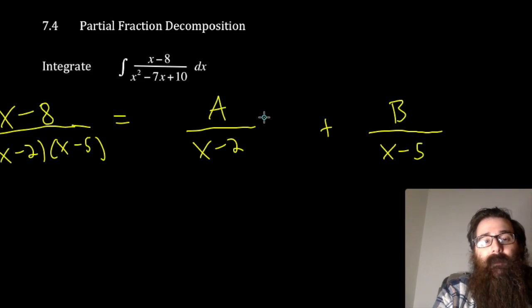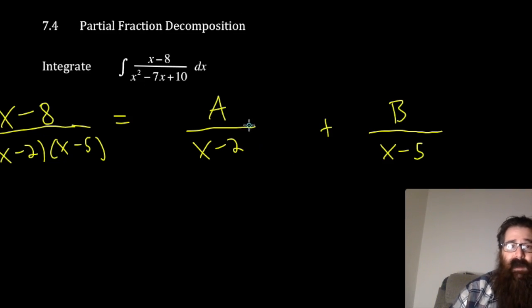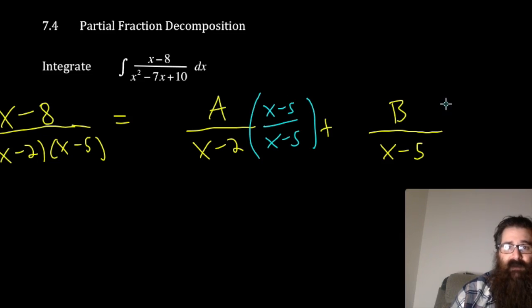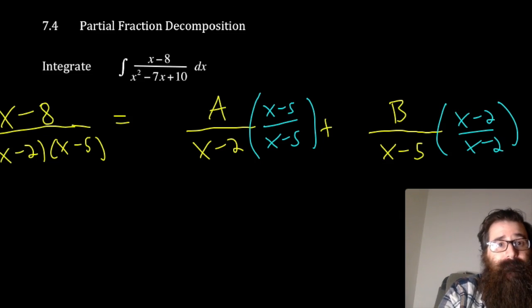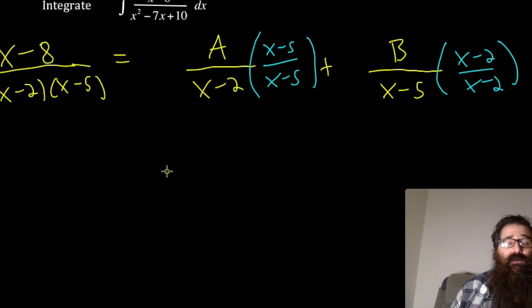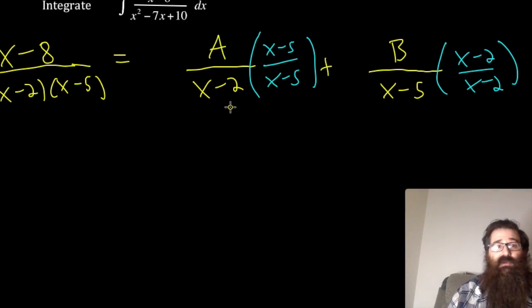Now, from here, what I like to do is build back the common denominator. So this A over x minus 2 really needs to be multiplied by x minus 5 over x minus 5. B over x minus 5 needs to be multiplied by x minus 2 over x minus 2. And from here, let me go ahead and show.